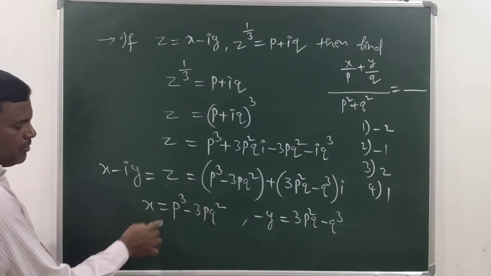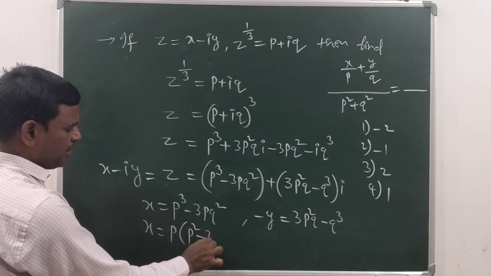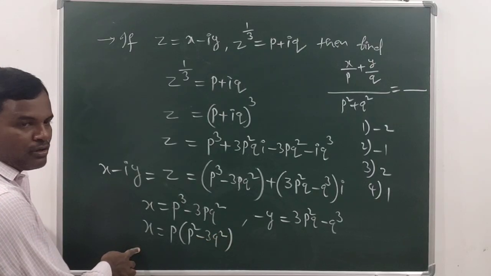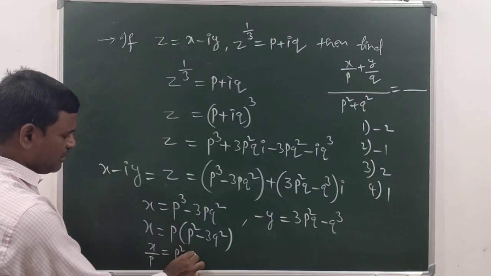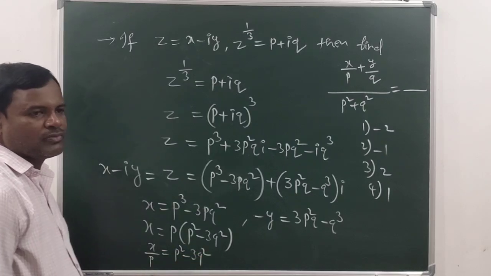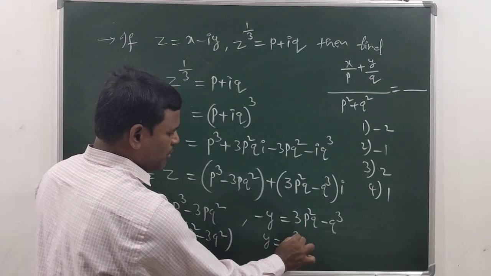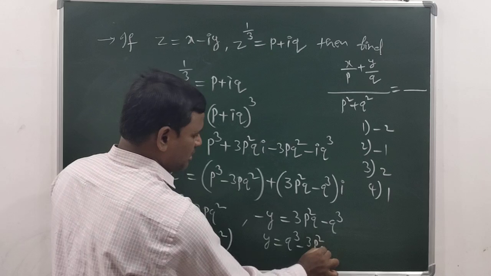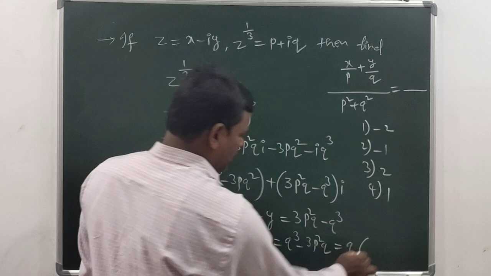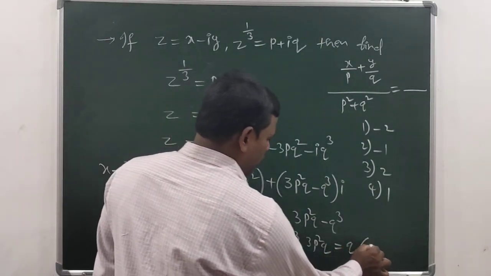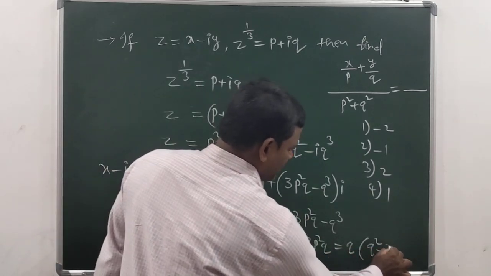Now take p common, so you will get p of p square minus 3q square. Now transfer p to the left side, so x by p is equal to p square minus 3q square. Here also send the minus inside, so y is equal to q cube minus 3p square q. Now take q common. If you take q common, it is going to be q square minus 3p square.